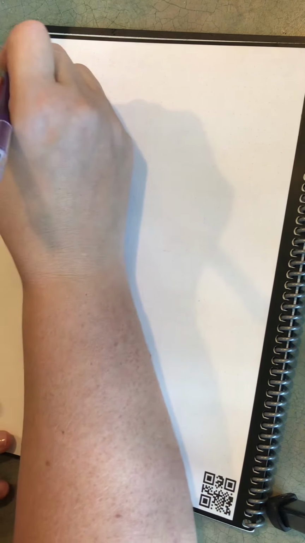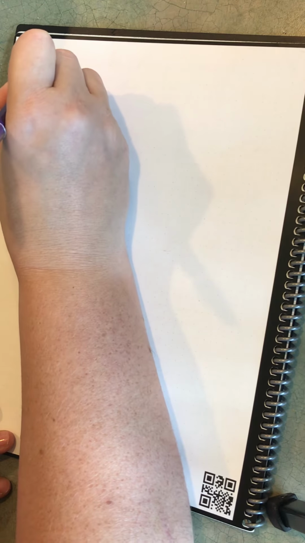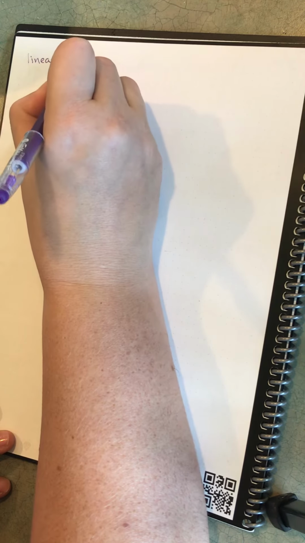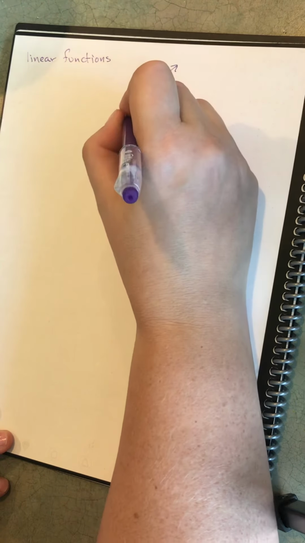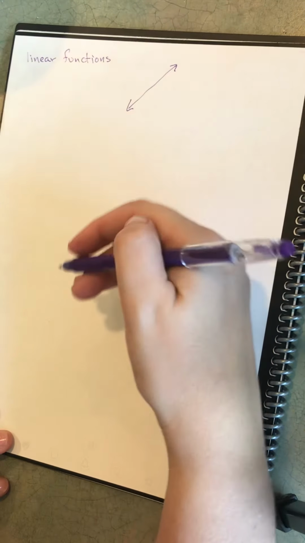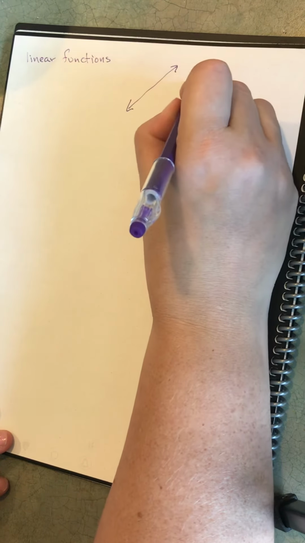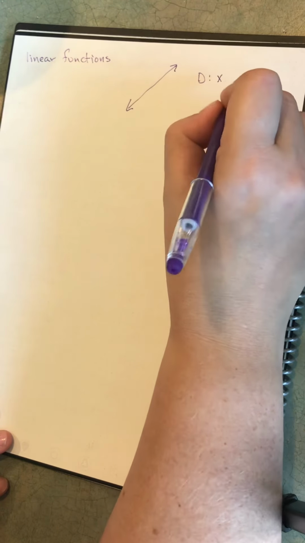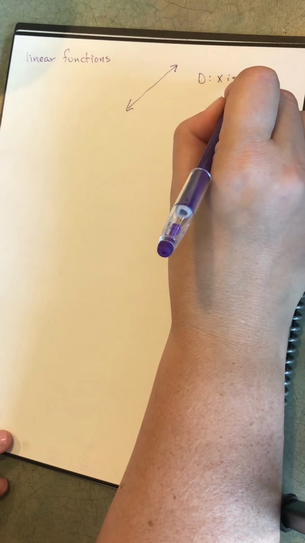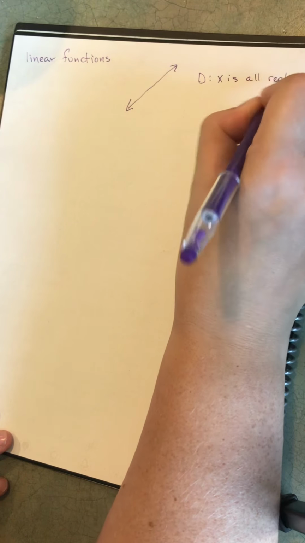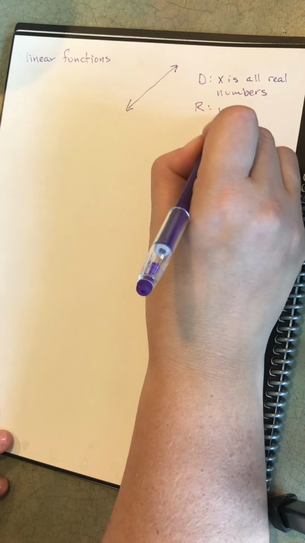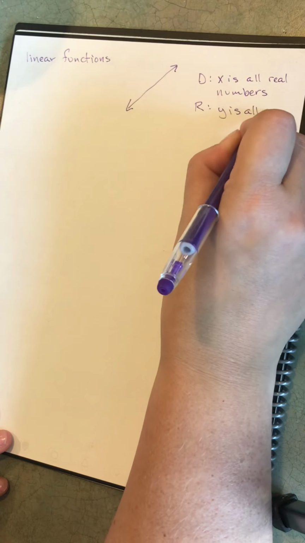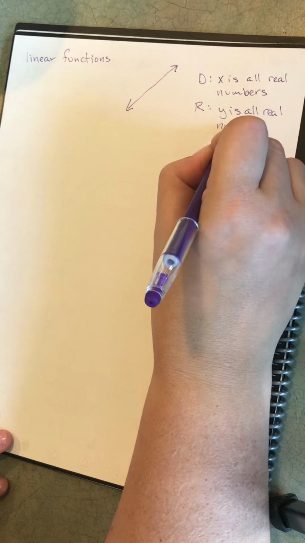Then let's talk about all the different types of functions we've had. We have talked about linear functions this year. Linear functions are going to go forever left and right and forever up and down. So the domain will be x is all real numbers, and the range will be y is all real numbers.